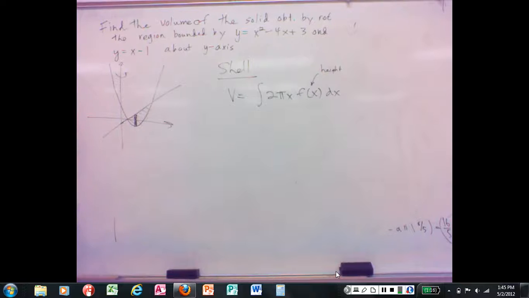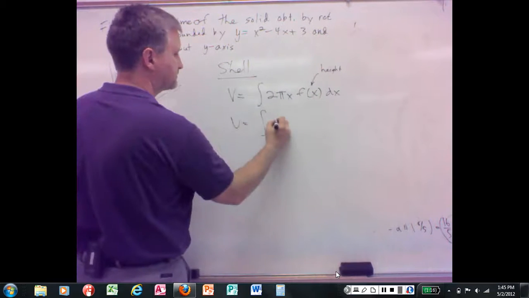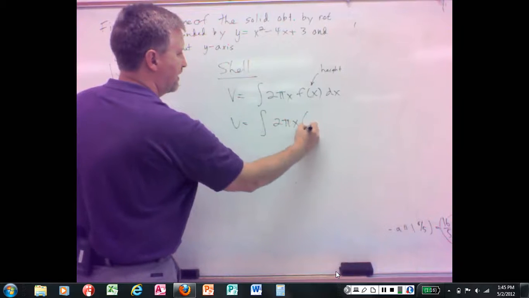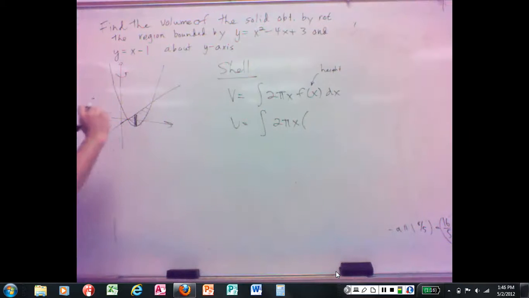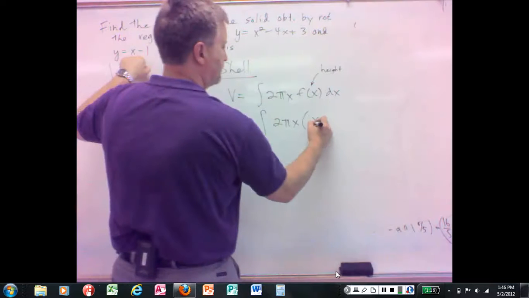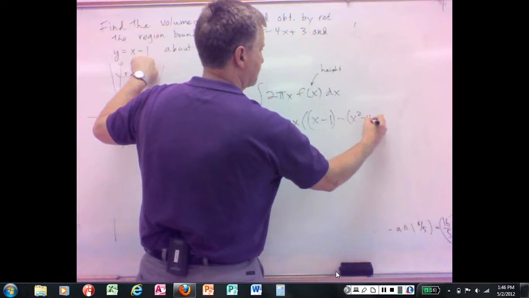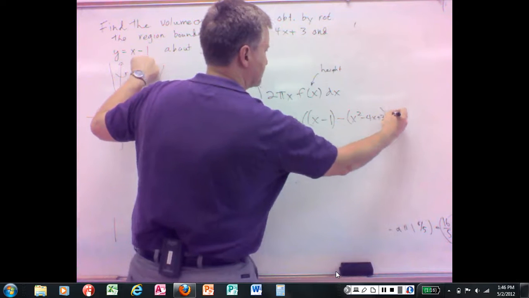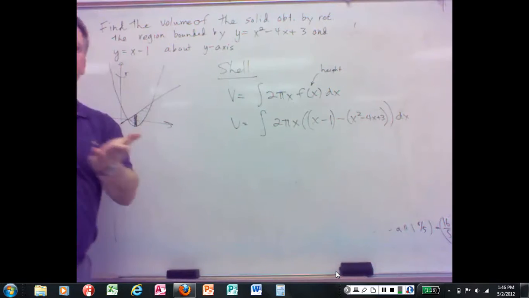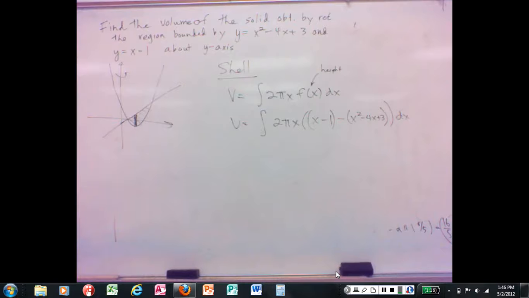So it's back to the subtraction, which is first thing we talked about in this. So it's 2 pi x, and to get that height, you've got to subtract the top one minus the bottom one. So it'd be the x minus 1 minus the x squared minus 4x plus 3, because that would give me that height of that function.